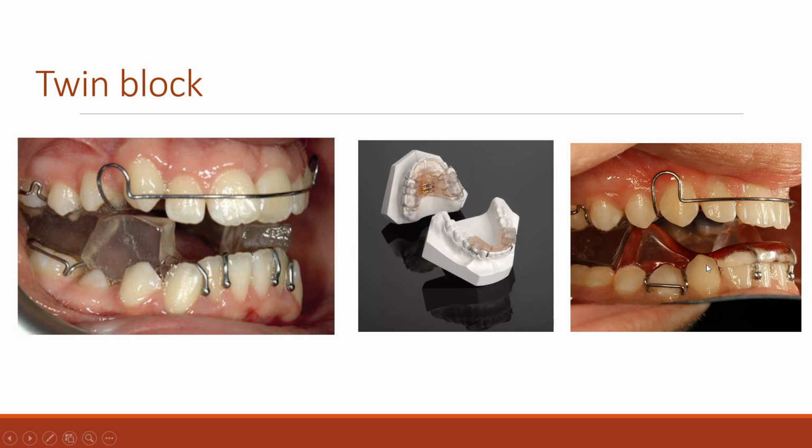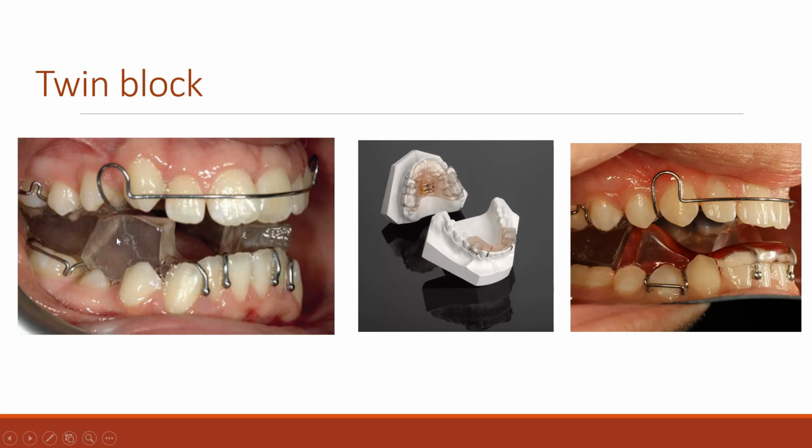The inclined planes of these blocks are set at approximately 70 degrees with the height greater than 5 millimeters vertically to ensure that the patient occludes in the lower block in front of the upper and not on it.